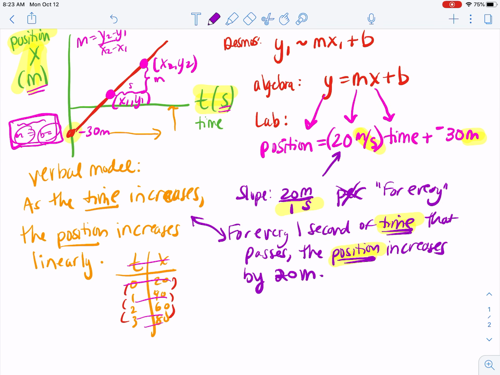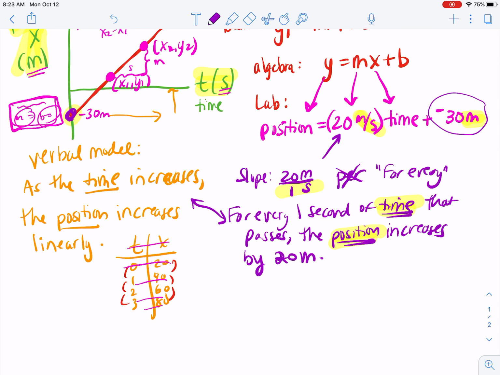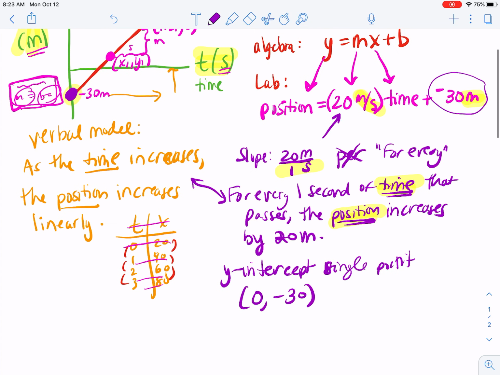Let's look at the y-intercept. Now we're looking at this number. The y-intercept on a graph is a point. The slope is a delta, it's a change, but the y-intercept is a single point, which in this case is (0, -30). If I put units on this, this is actually 0 seconds, -30 meters, because this is the x, this is the y.